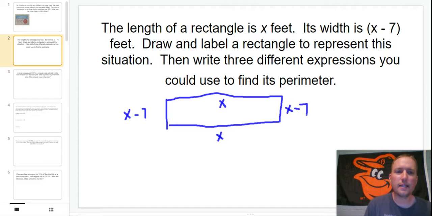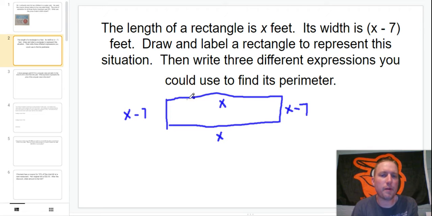It says write 3 different expressions you could use to find its perimeter. Now, if you remember, perimeter is the length around the outside of the shape. Well, one way that we could do this was we could just go around and add all the lengths.